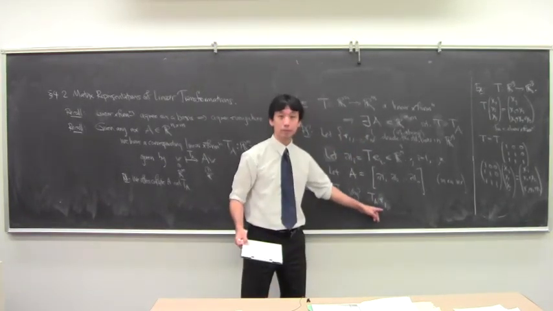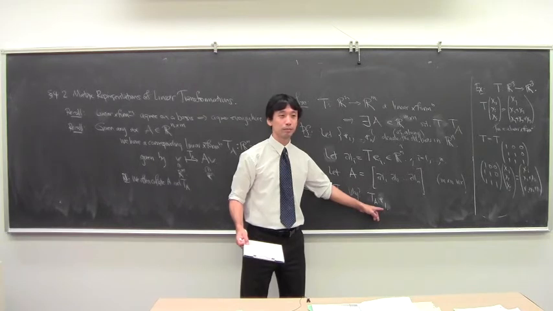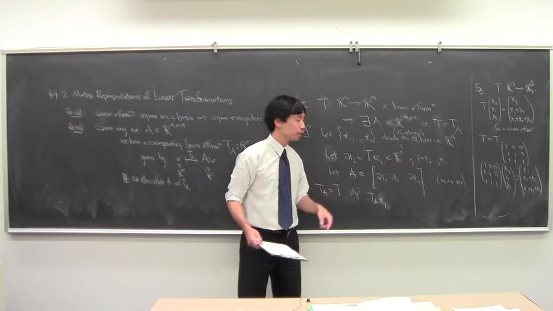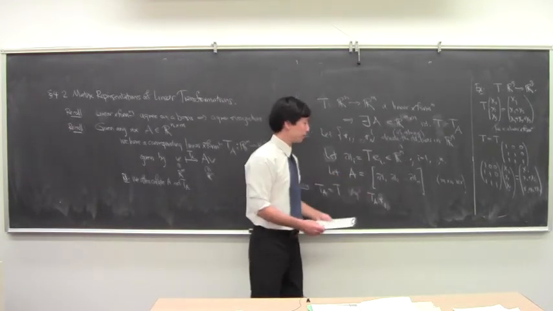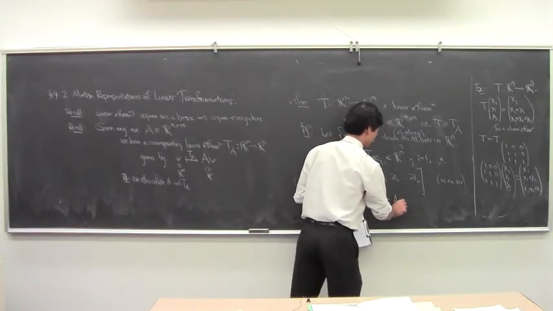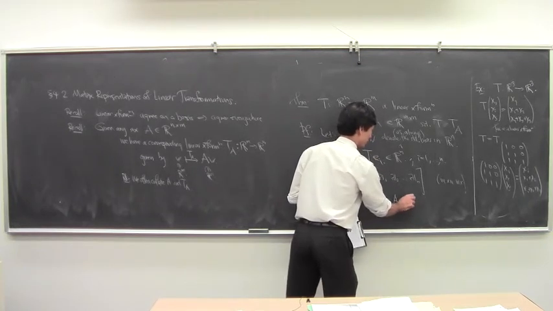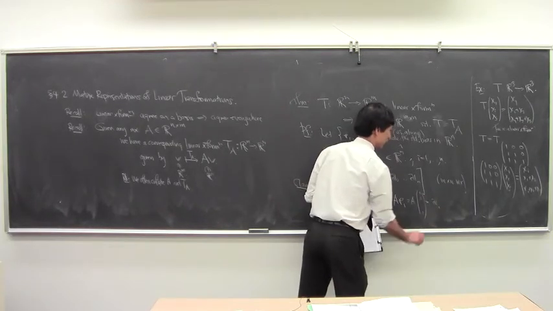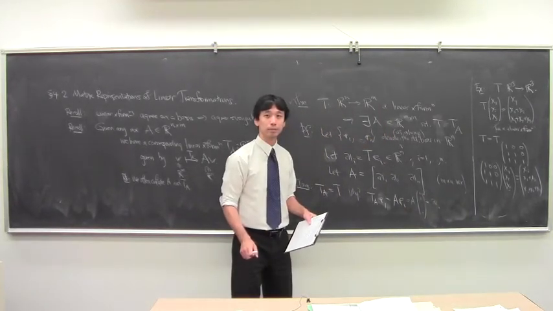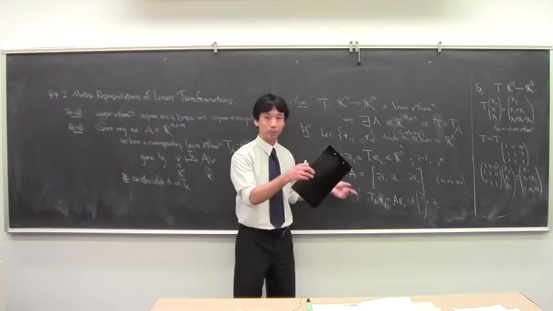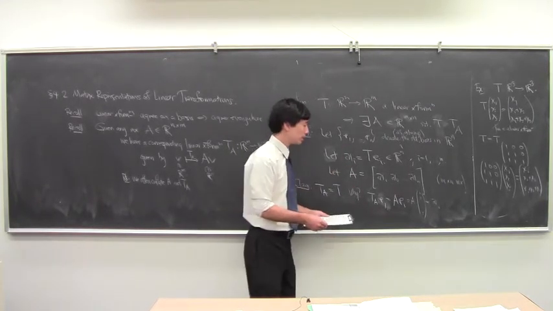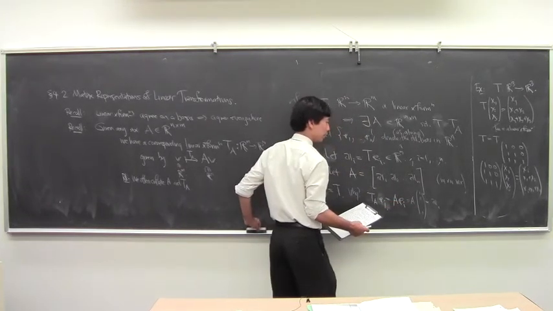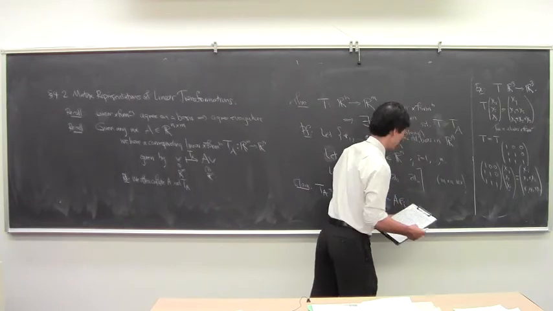What do you get? You get A times E1, which is A1. That will pick off the first column. And similarly, if I do it for Ei, it's going to pick off the ith column.